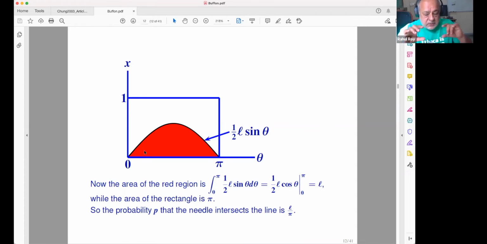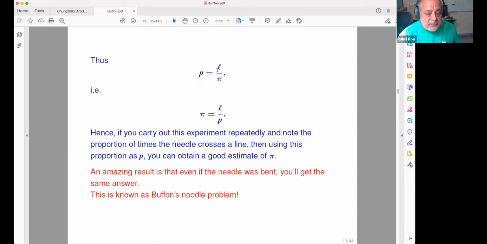Remember, the distance between two black lines is exactly 1. So x can be anywhere between 0 and 1, and theta can be anywhere between 0 and pi. Therefore, the total possibility is this area, which is pi, and therefore the probability that the needle intersects the line is L over pi. Okay, now let's move on. So P is L over pi. In other words, pi is L over P.